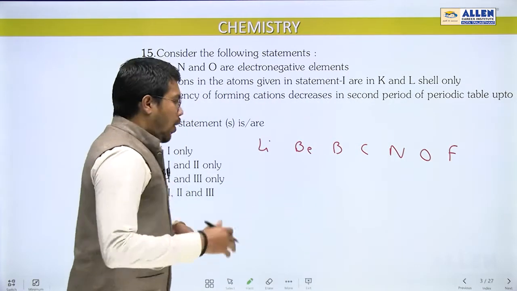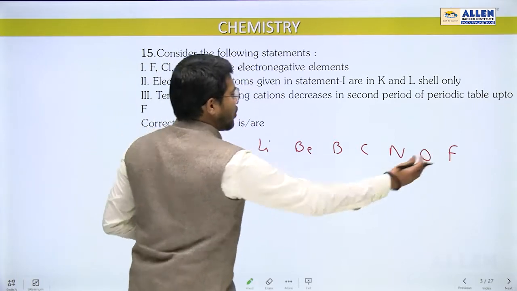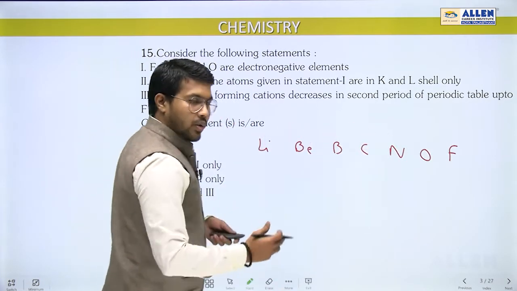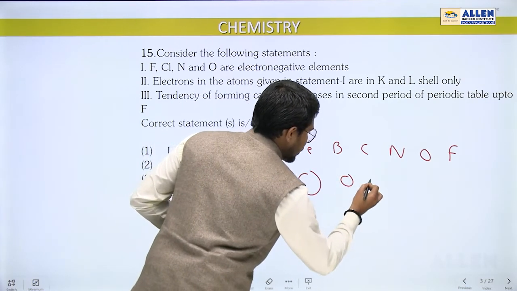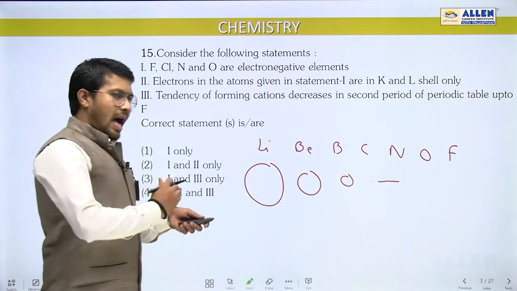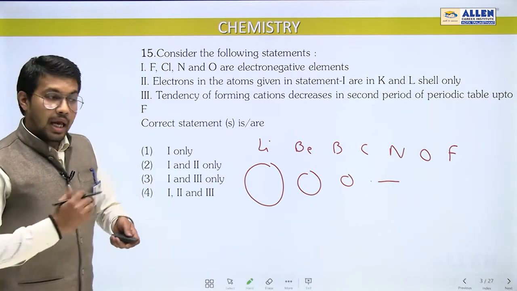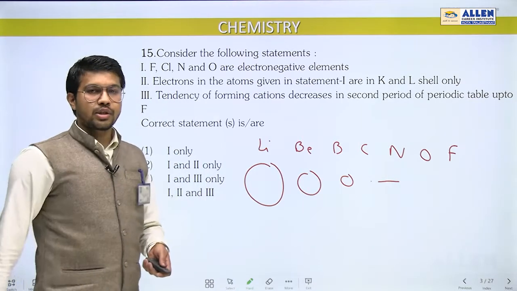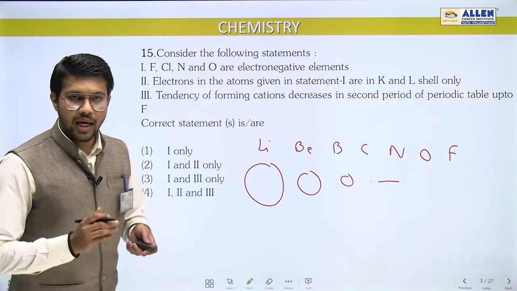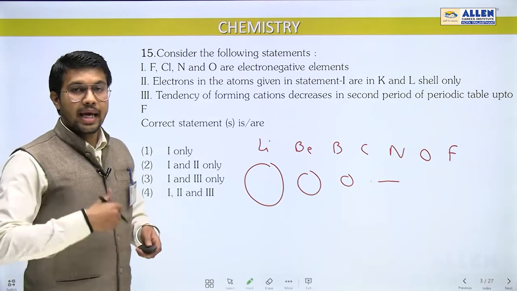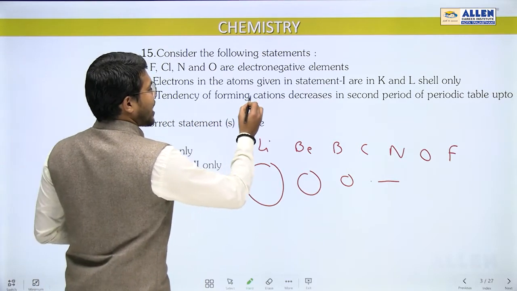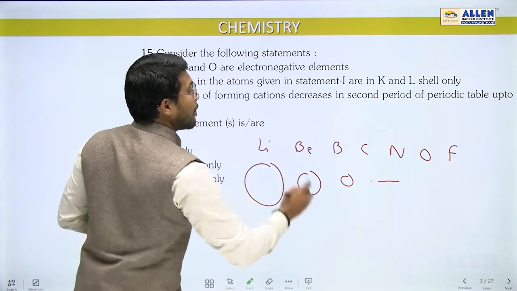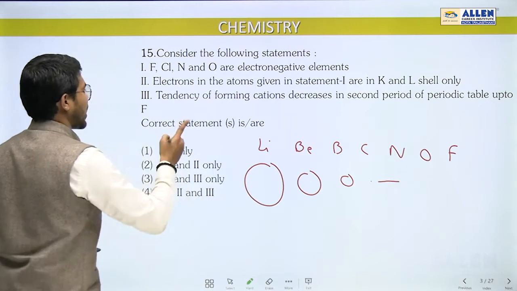On moving from left to right, the size of atoms decreases. As the size of the atom decreases, electron losing tendency also decreases, and electron gaining tendency increases. So yes, the tendency of forming cations decreases in the second period of the periodic table up to fluorine.